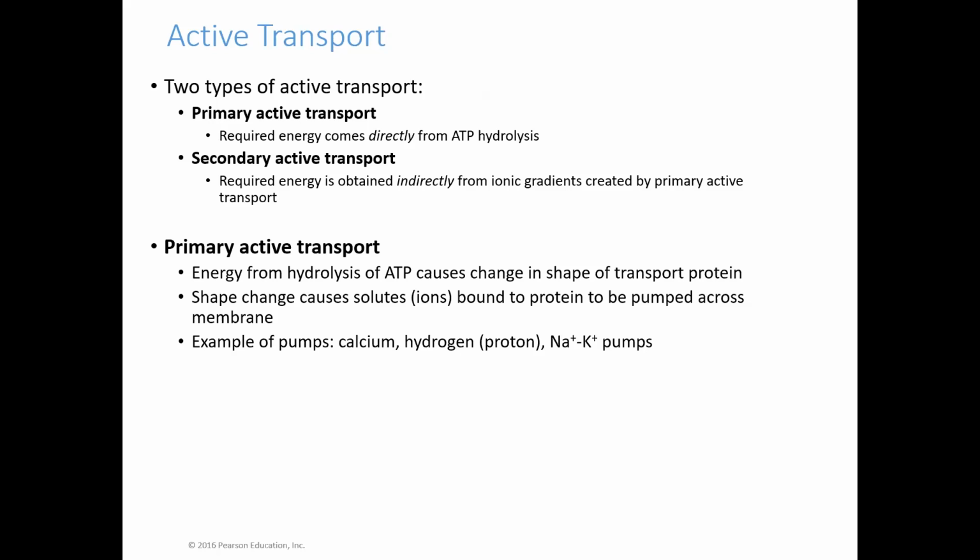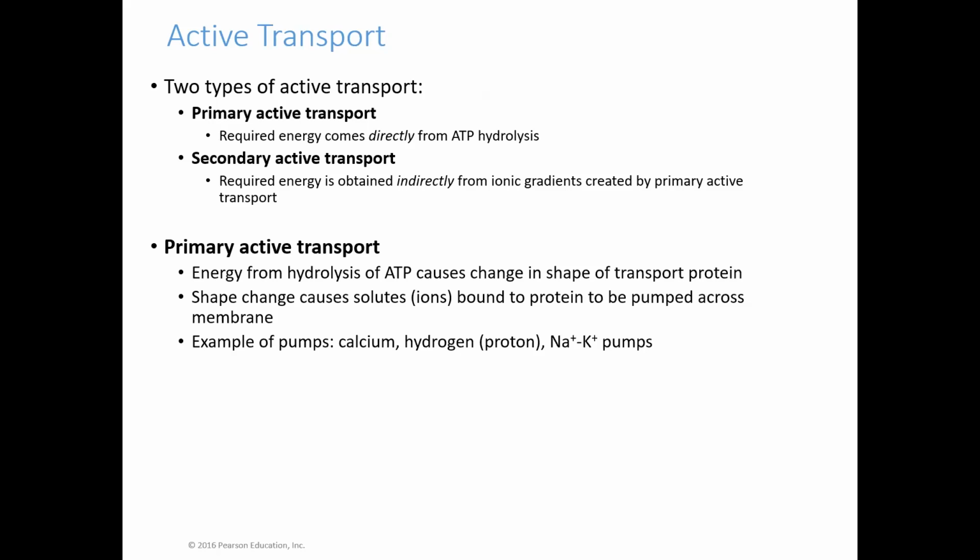But when it leaks back in, it will drag along glucose. And so we're getting a benefit by pumping the sodiums outside the cell. We maintain the high concentration of sodium outside, and as it does leak back in through simple diffusion, it's going to drag along glucose.